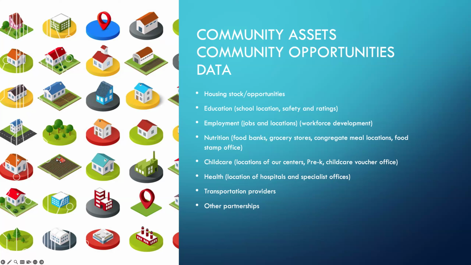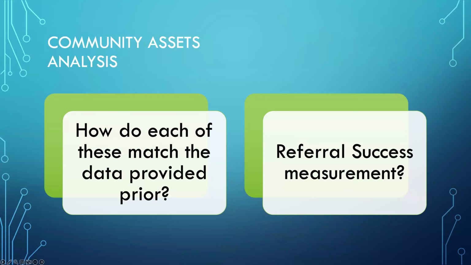So David, additional ideas on the community assets? Are there other community partners? Is that pretty much it? Yeah, and I always challenge folks to look at your referral system. If you refer out, how many of those referrals get met? First step, how many of those actually have outcomes?